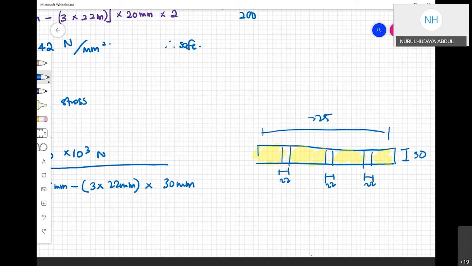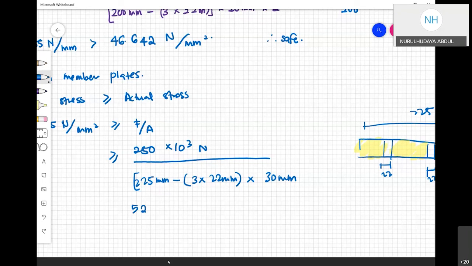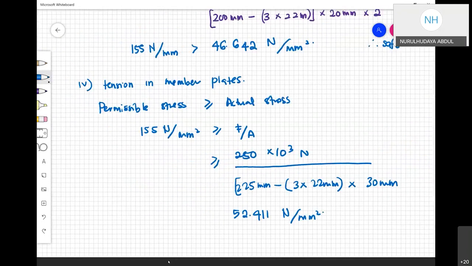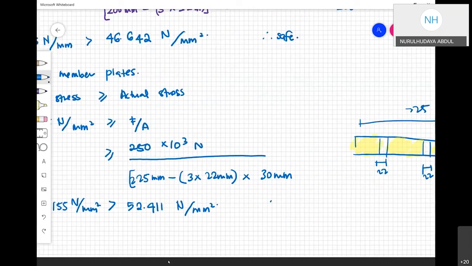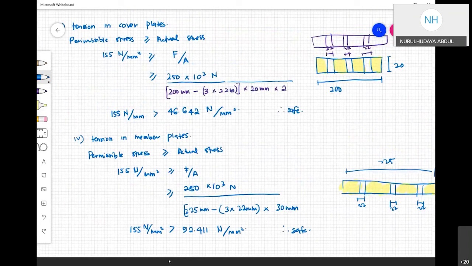And we don't need to times 2 because member plate ada satu saja for one layer. Okay. So answer dia 52.411 Newton over mm square. And we compare with the permissible, we can see that this value is less than the permissible. Okay. Which means this is okay also. Safe. Okay. So you dapat perfect A lah for design something yang safe.